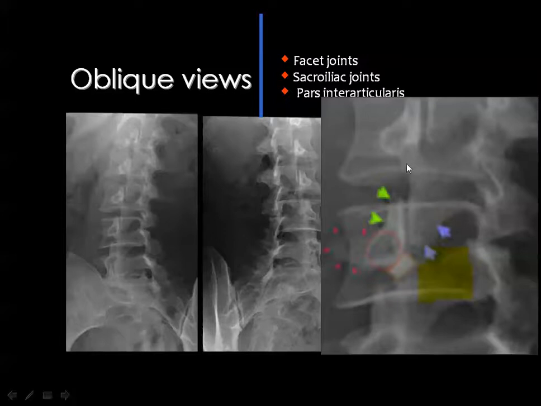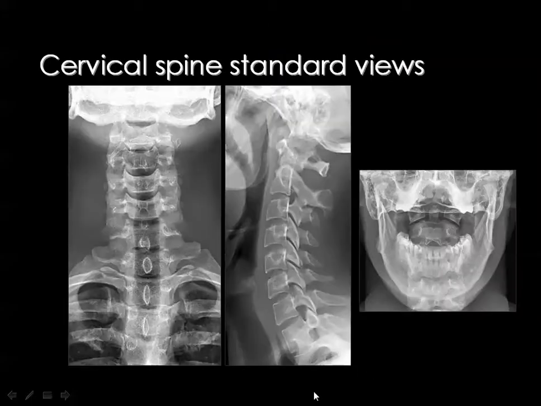This is the region of the pars interarticularis. And when this part is broken, there is a possibility that the vertebra will slip over the underlying vertebra, particularly if both pars interarticularis are broken.